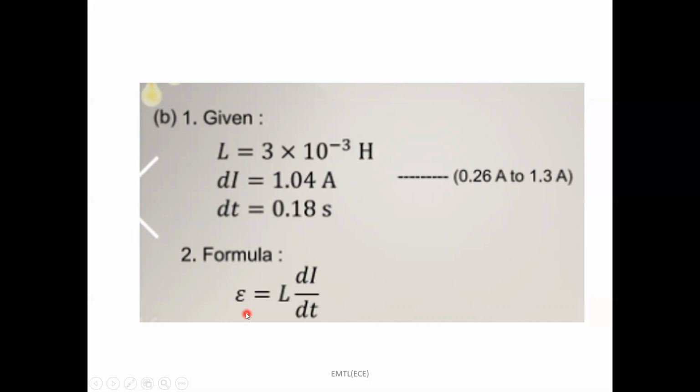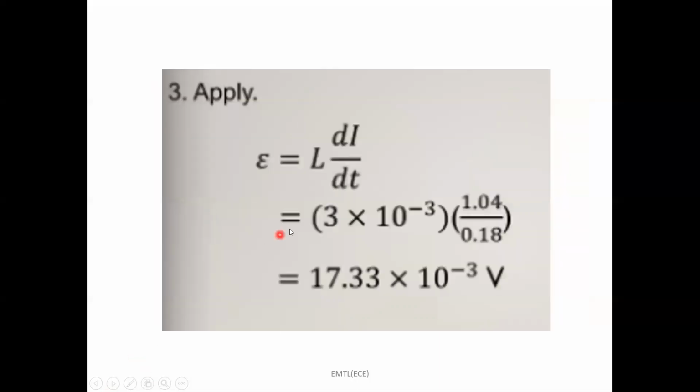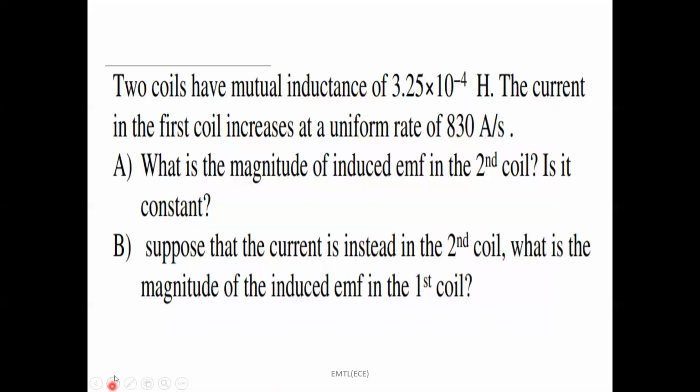The expression is epsilon is equal to L di by dt. Clearly L is given as 3 into 10 power minus 3, di value is 1.04, and dt value is 0.18. So by substituting here, 3 into 10 power minus 3 times 1.04 by 0.18, which is equivalent to 17.33 into 10 power minus 3 volt. Next problem.